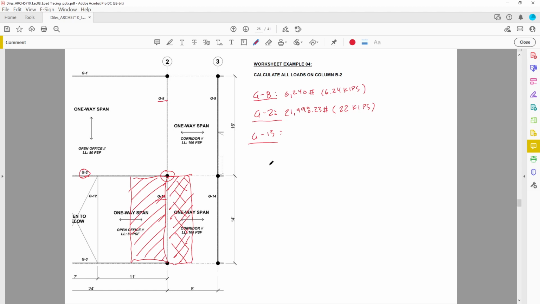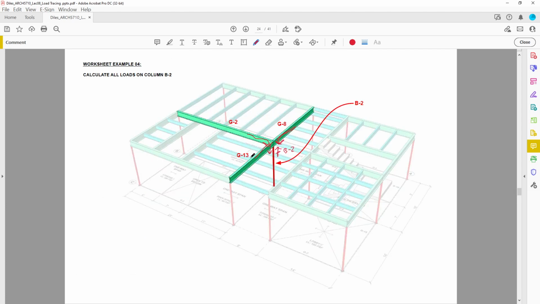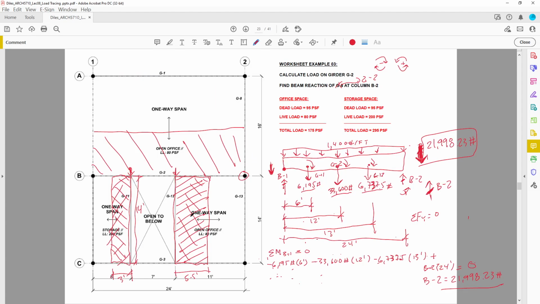So from the one-way span, it's going to be the same as G12, right? So we looked at G12 in this other example, and we know that half of G12, because that's the point load that was being supported on G2, was 6,737.5.